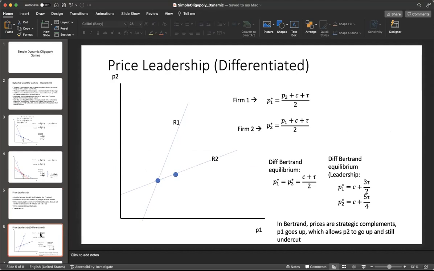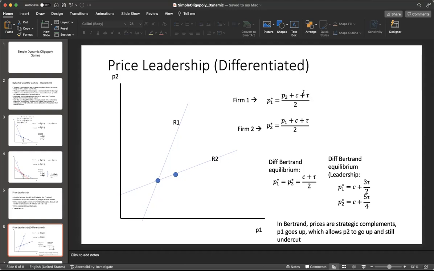Now let's talk about price leadership. Remember, this is just the spatially differentiated price leadership model, where T happens to be the cost of not consuming the one that's best for you, the one you prefer.